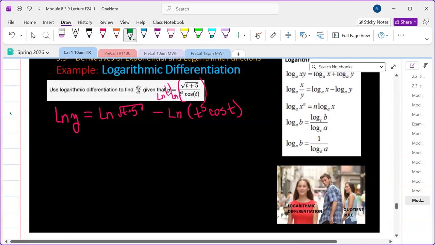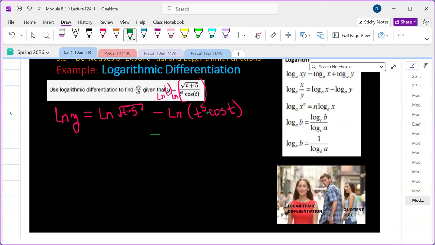Now our t to the fifth cosine t, that's a product. The log of a product, I can split this into two different logs. But this minus sign in front is going to apply to both of those. So this becomes minus the natural log of t to the fifth plus the natural log of cosine t.